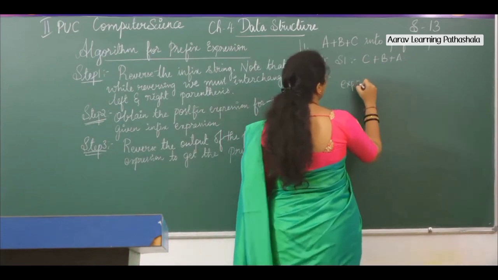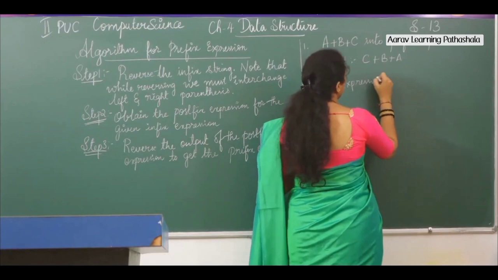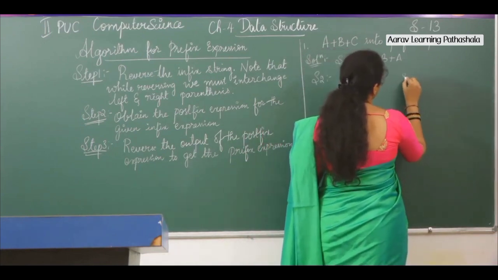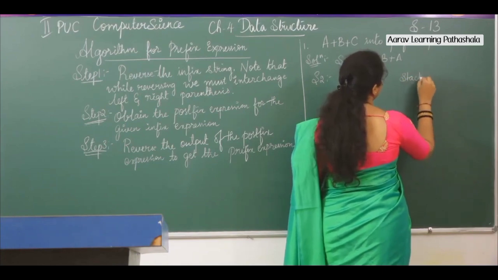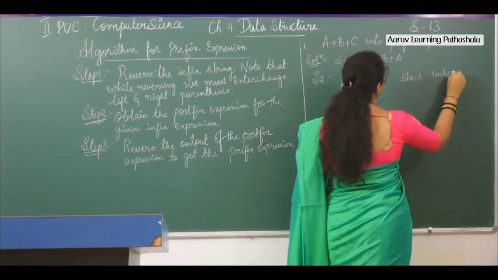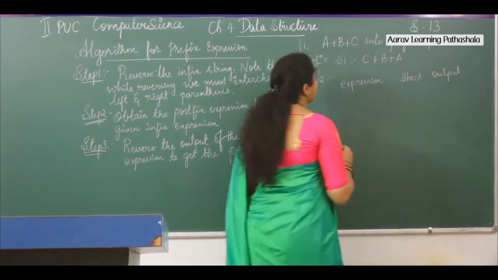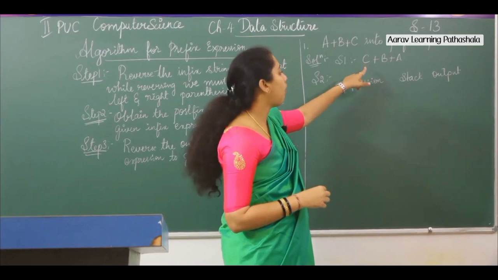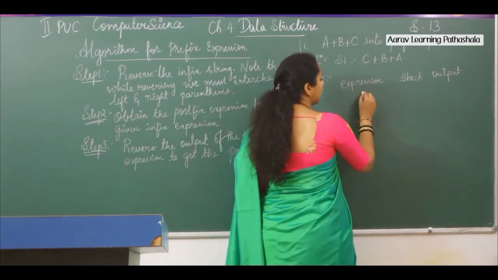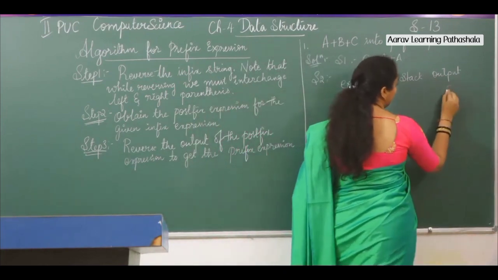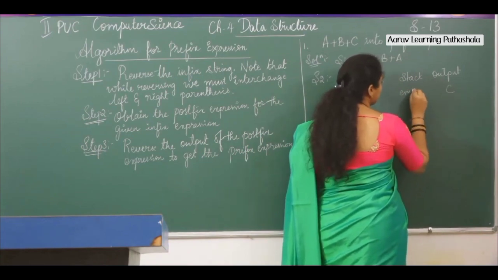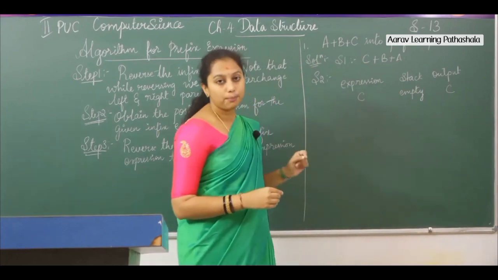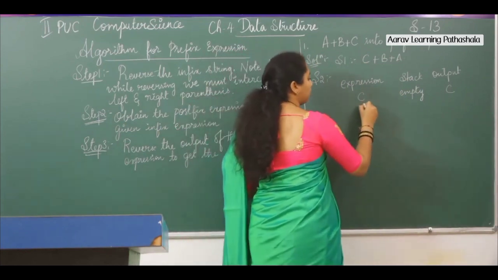So what is the first column? The first column is expression, then stack, third column is output. Yes. What is the first element? The first element is an operand. So we are going to output this operand. So here the stack is empty. The second element is an operator, that is addition operator.